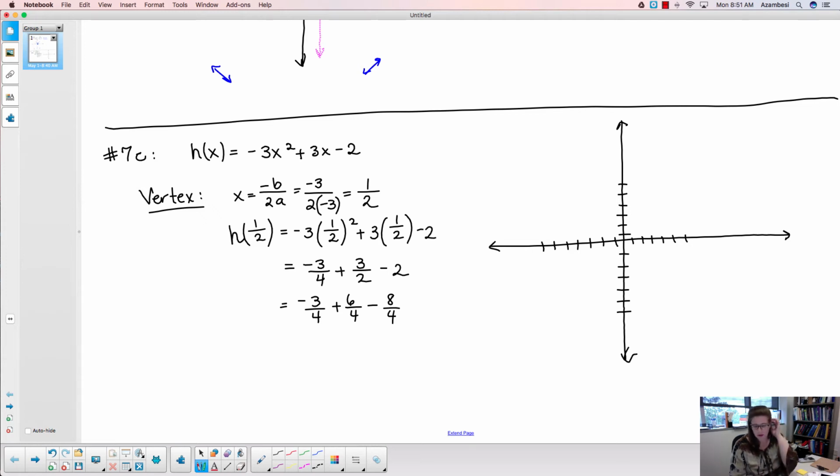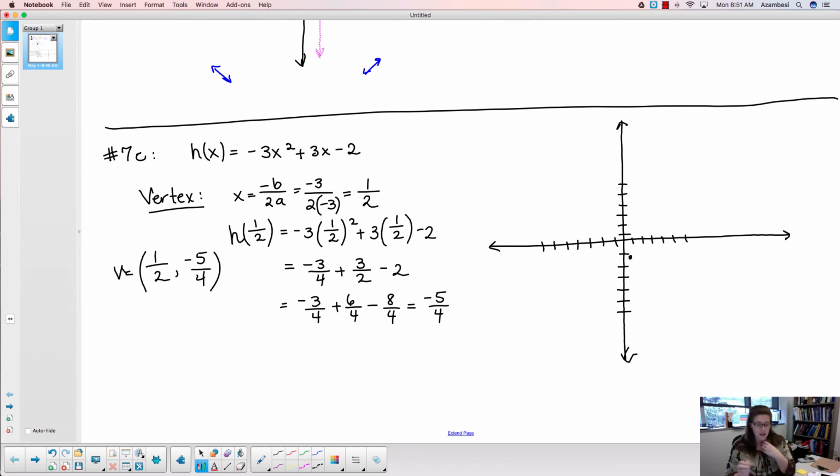Negative 3 plus 6 gives me positive 3, and negative 8 gives me negative 5 over 4. So using the vertex method, or the formula method, I have 1/2 and negative 5 over 4. Plotting that, 1/2, negative 5 over 4, something like this.